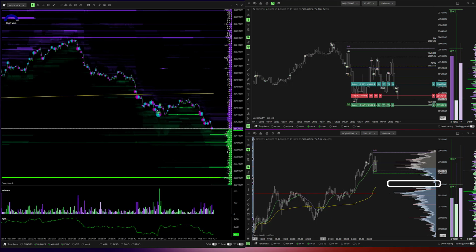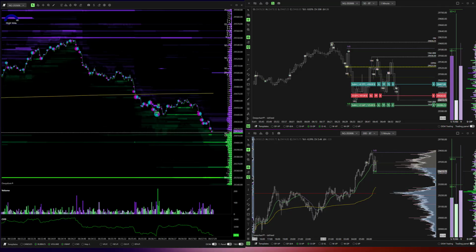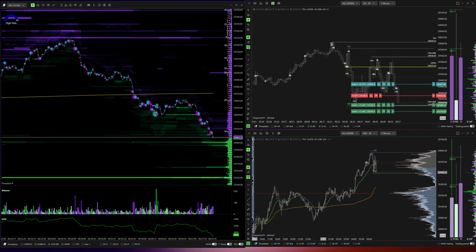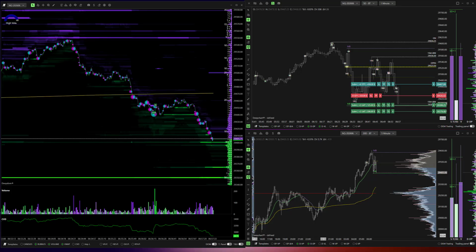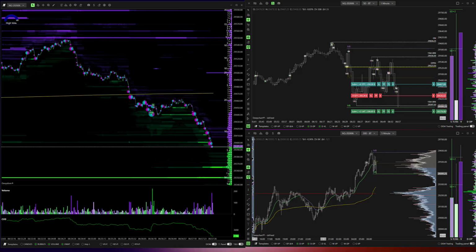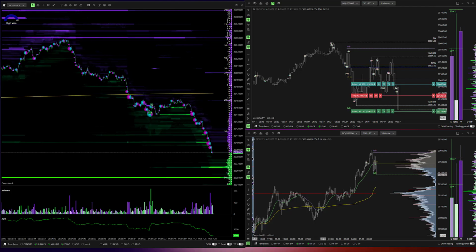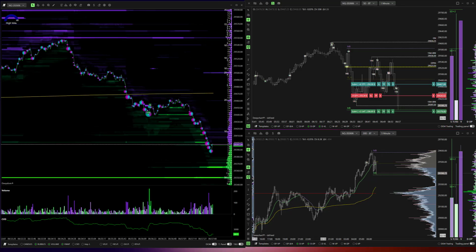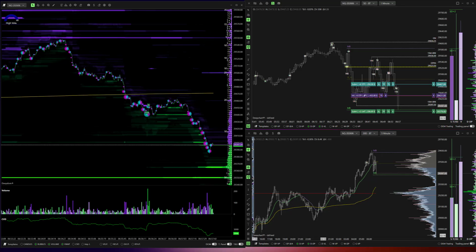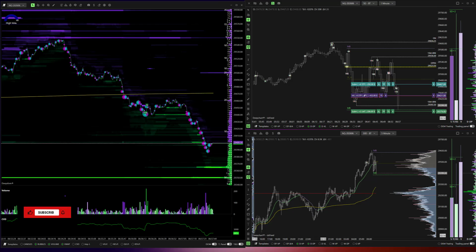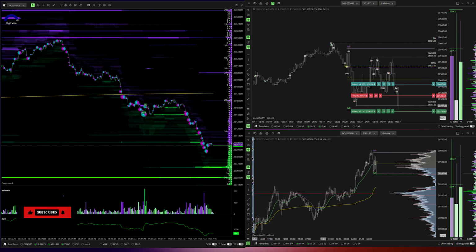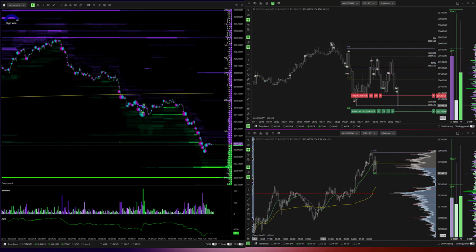The reason for this setup is time of the day statistics in StatsTerminal. Historically, during this particular time window, the market has shown a tendency to move lower when trading below RTH Open. Of course, this doesn't guarantee anything, but it provides some sort of a statistical framework for me, and I like that kind of setup.